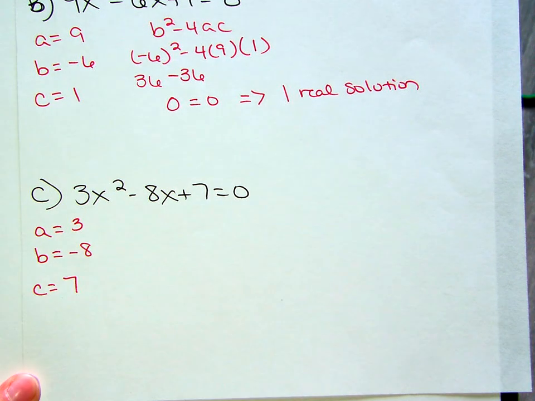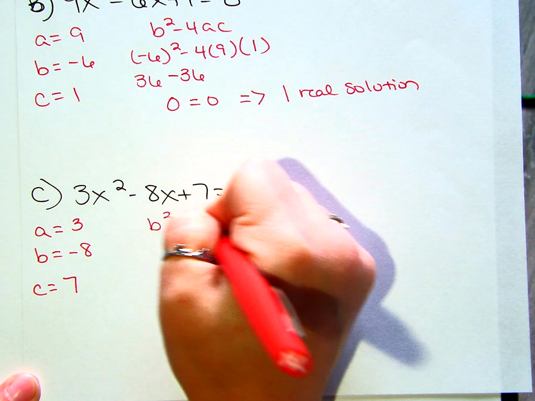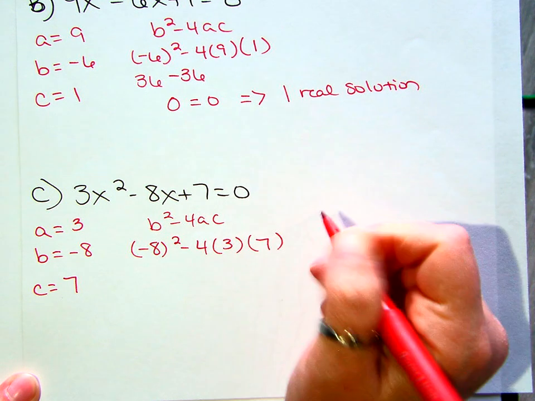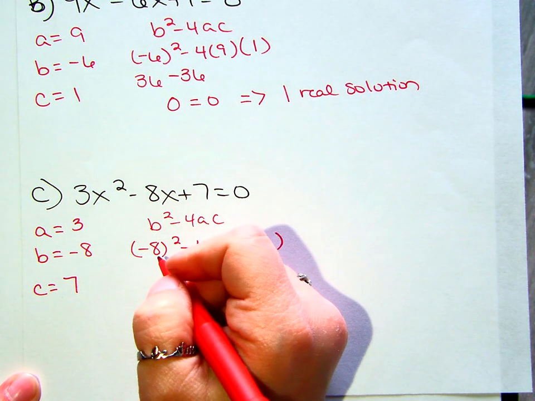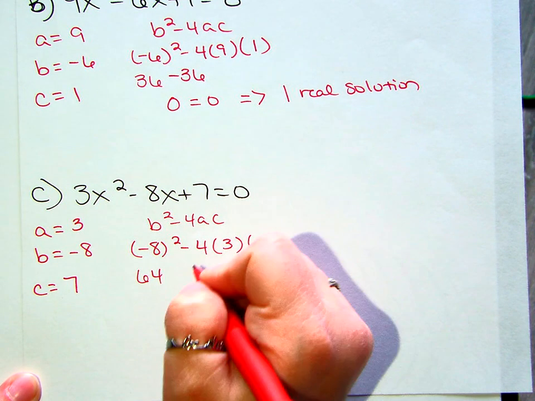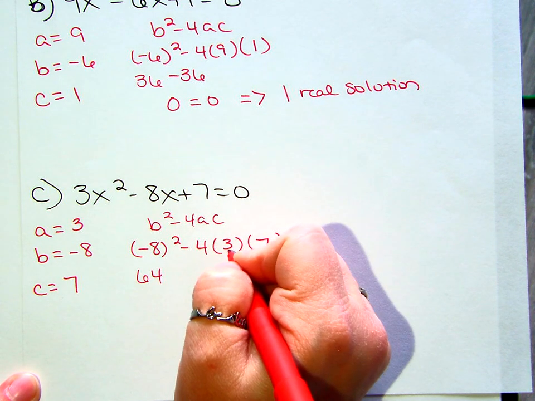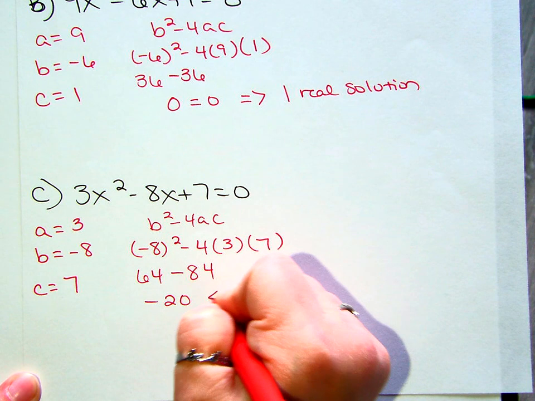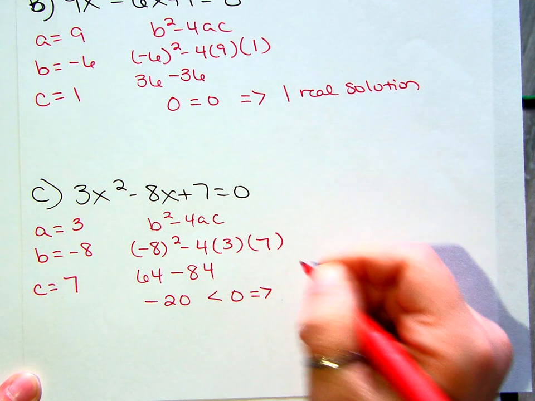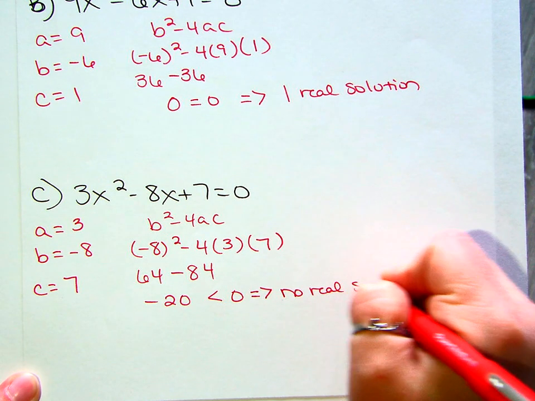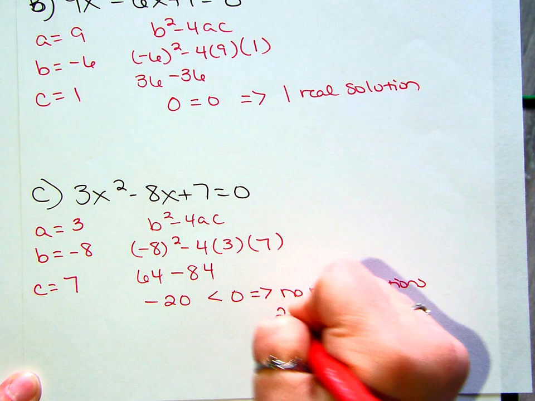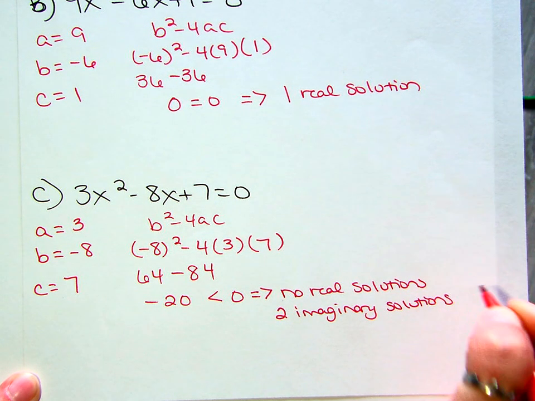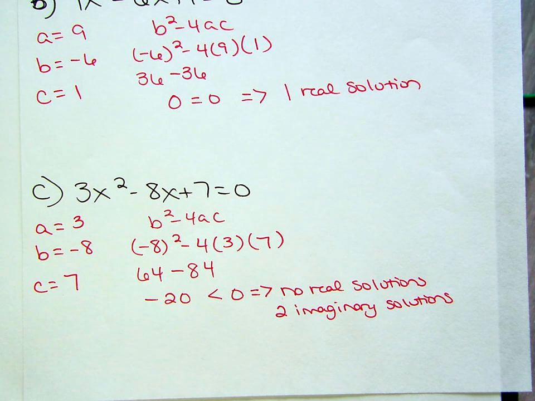So in this case, I'd have -8 squared minus 4 times 3 times 7. -8 times -8 is 64. -4 times 3 is -12, times 7 is -84, which gives -20, which is less than 0, telling me no real solutions, but there are two imaginary solutions. We would still get an answer if we were solving this quadratic using the quadratic formula. We would just have one that had a complex answer, one with our imaginary unit.